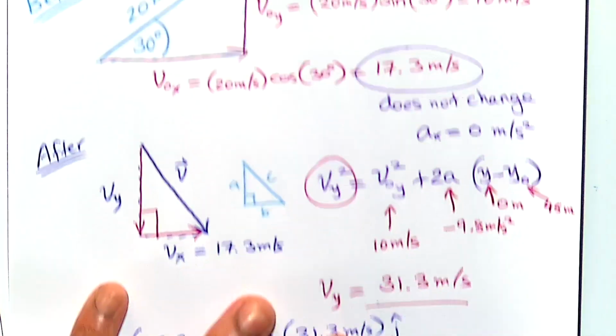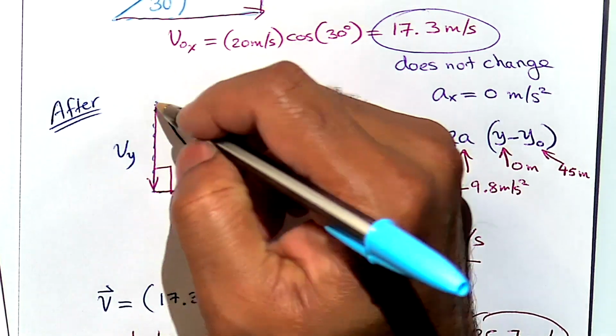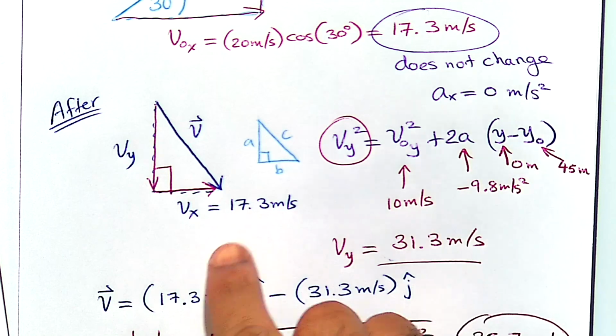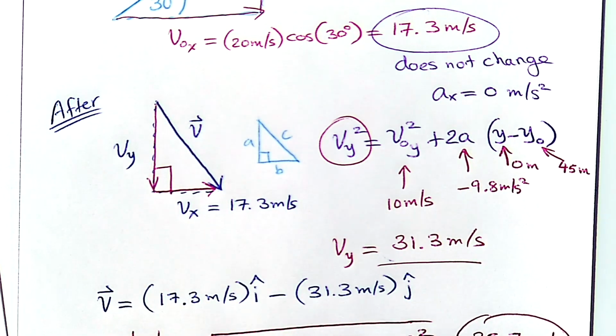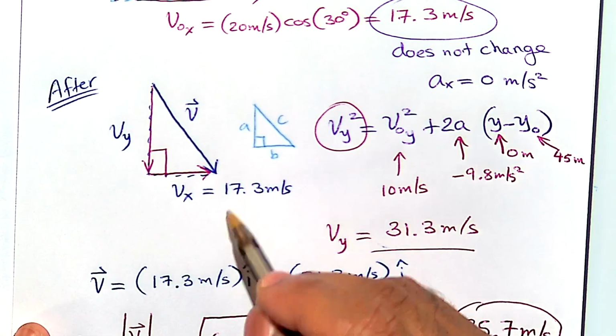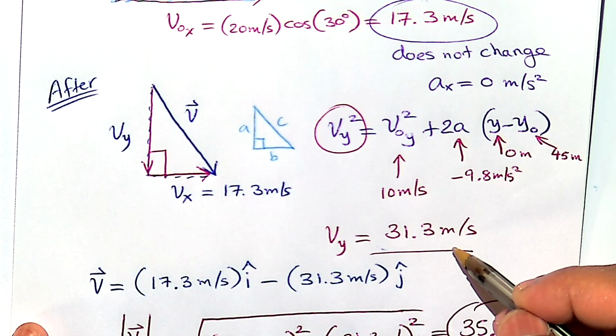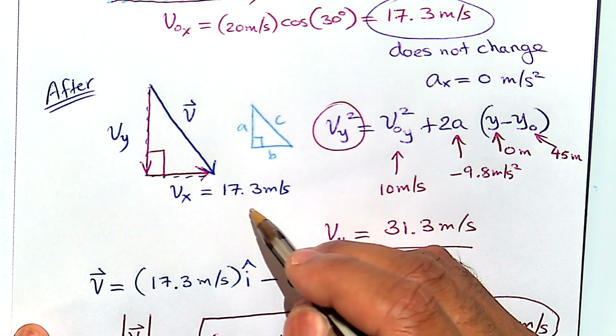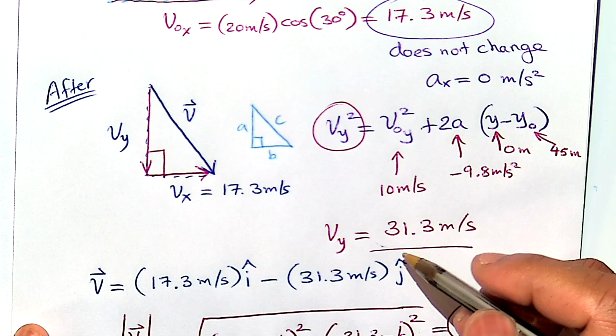So in this case, I draw the velocity vector, I draw the right triangle, and I figure out what the sides of the right triangle are supposed to be. Okay, that's 17, that's 31. Only after that do I think about whether this 17 is positive or negative, and whether this 31 is positive or negative.